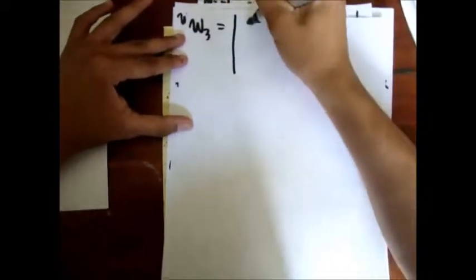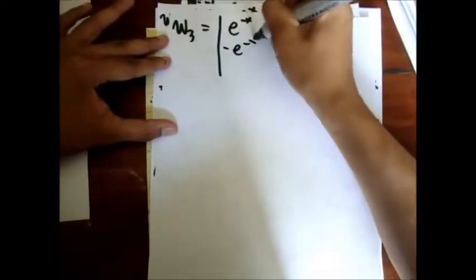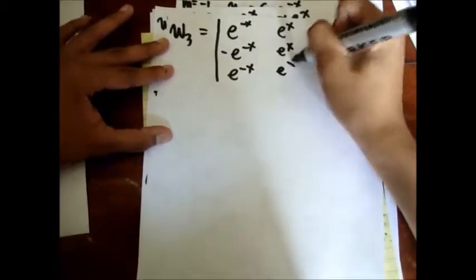The last one is we get our W3. So, the first column is as is: e raised to negative x, then here e raised to x, e raised to x, e raised to x.